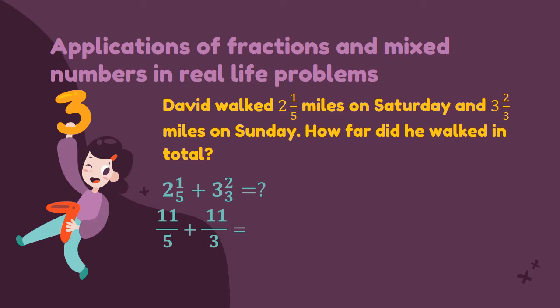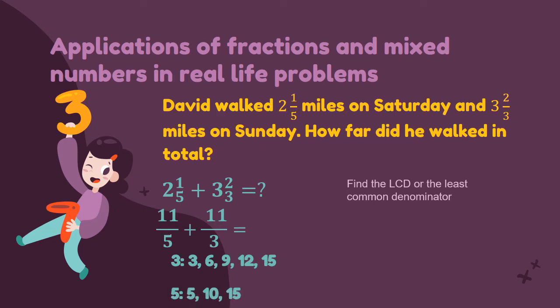But wait, notice in the first value we have 5 as the denominator, and the second value 3 as the denominator. So in this case, we first find the LCD, or the least common denominator. So in finding that, we need to check where 5 and 3 will meet.